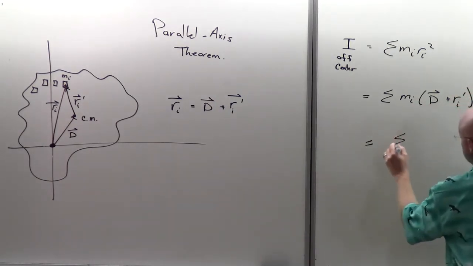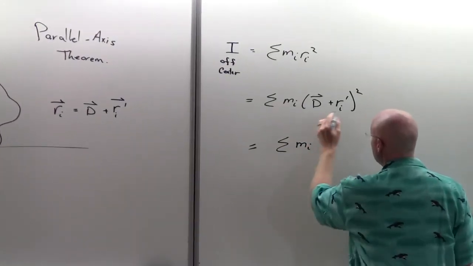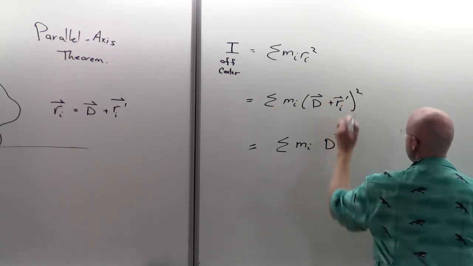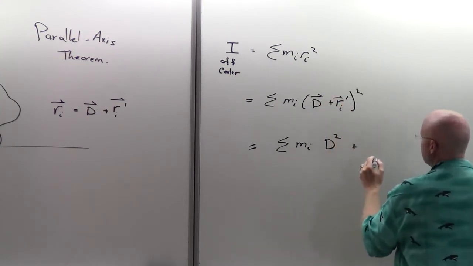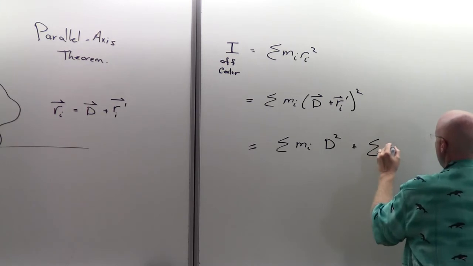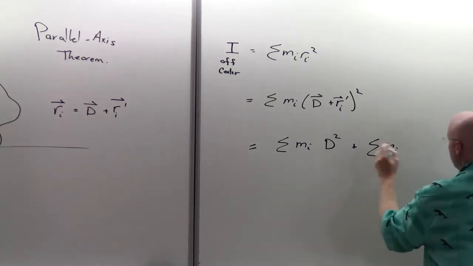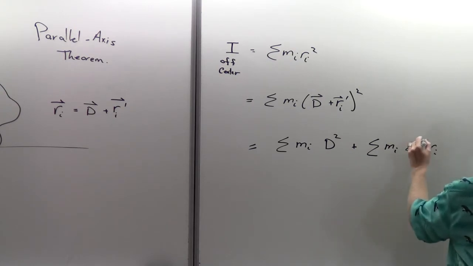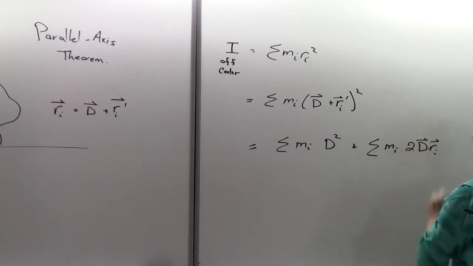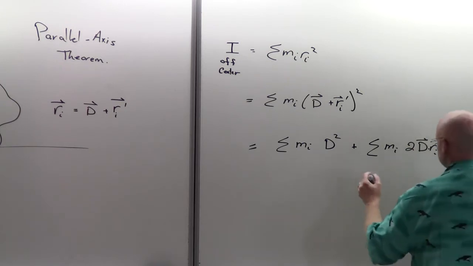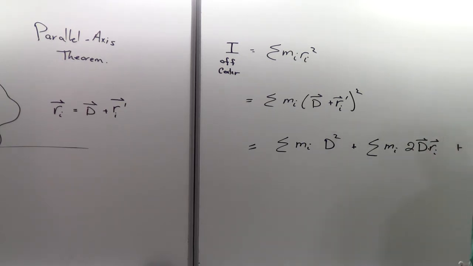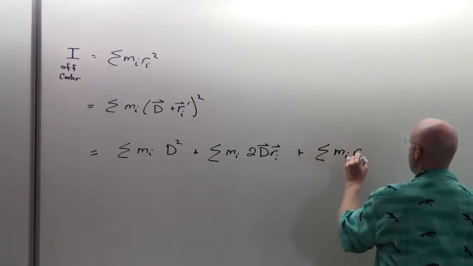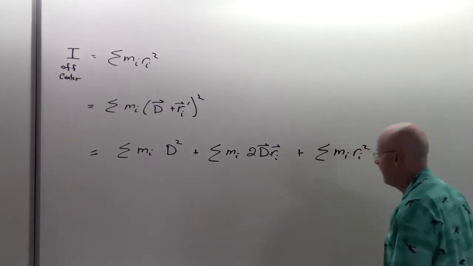And when you do that, you will get something that looks like a d squared there, a mi, and then you'll get a 2d r_i, and I guess technically they're vectors with a dot product in them. And the last term would be the sum of mi ri squared.